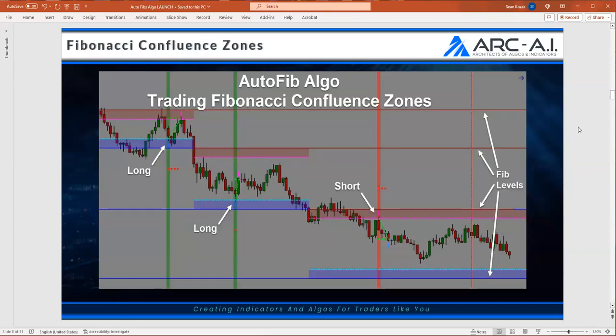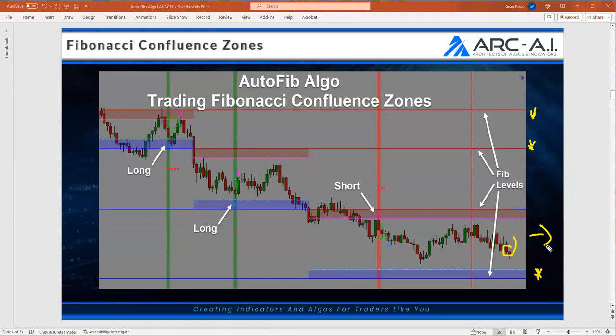Here's a great example of the levels in advance. When you look at this level here, if I'm trading here, I know that this is here. It's hard right edge. That's the difference.